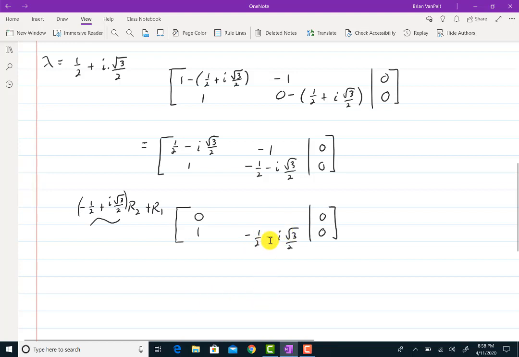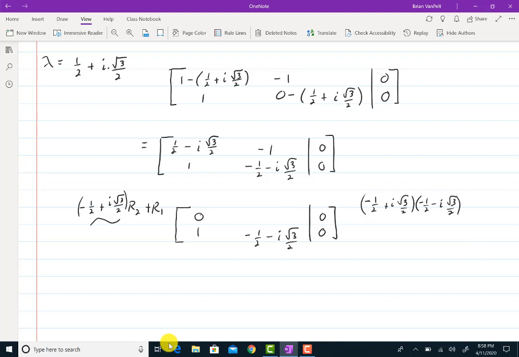And I want to show the work to remind you how multiplication with imaginary numbers works. So I have to take this and multiply it to this and then add it to this -1. So let's see what happens. I'll have -1/2 plus i radical 3 over 2 times -1/2 minus i radical 3 over 2.